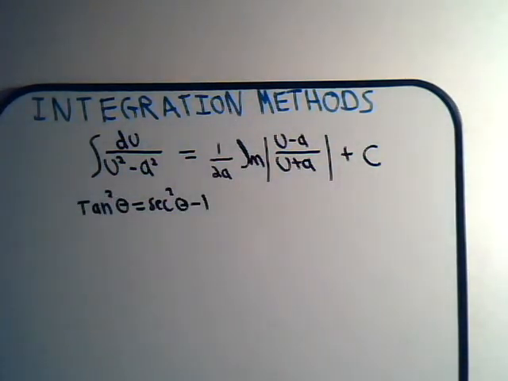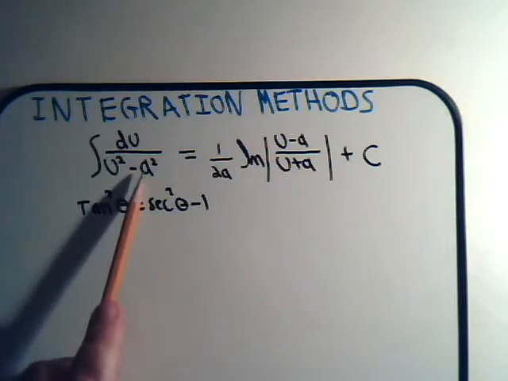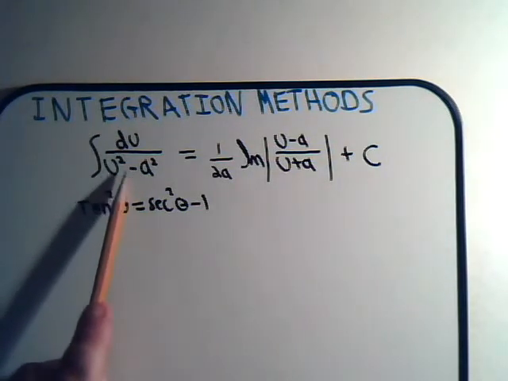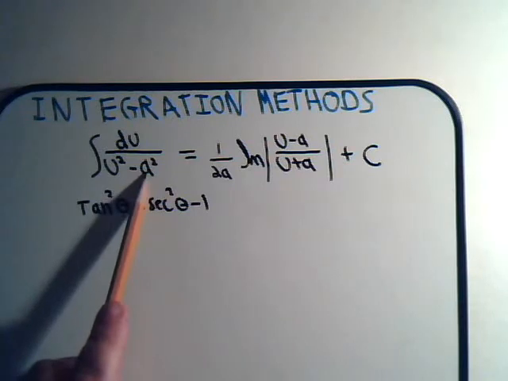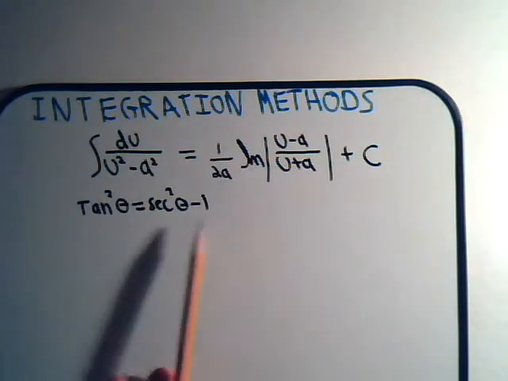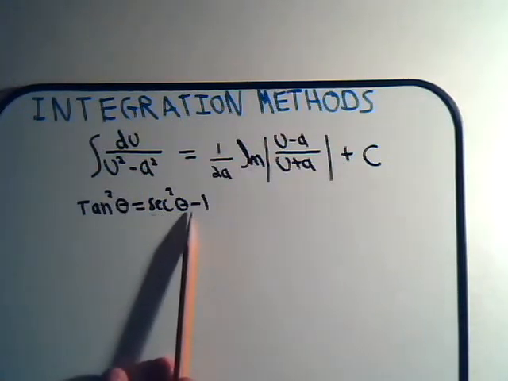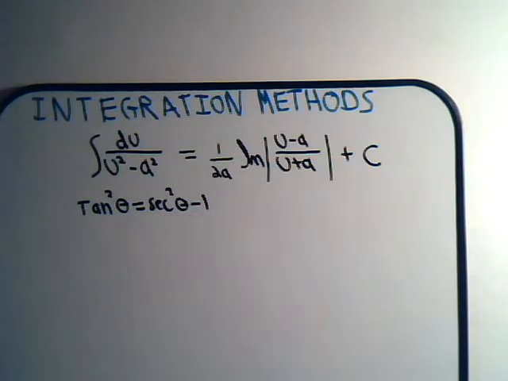Here in the integral we have, this is a constant of course, so we have a variable squared minus a constant squared. With this trig identity, we have a variable squared minus a constant.